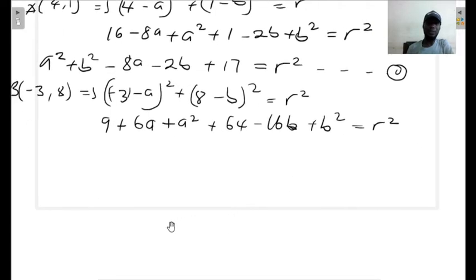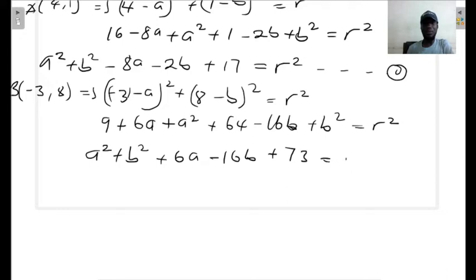Simplifying further and rearranging, we are going to have a squared plus b squared plus 6a minus 16b plus 73 equals r squared, and this becomes equation 3.